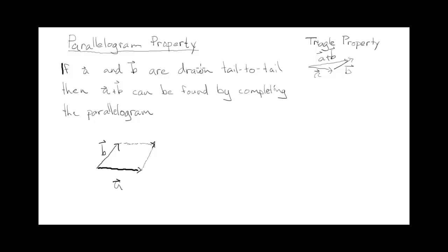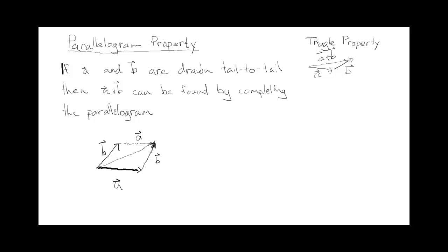So in this case, this side of the parallelogram would be another vector which would be equal to vector B because it's the same magnitude, same direction. And this side of the parallelogram would be a vector equal to vector A. So now I have a parallelogram. Then the sum A plus B, well, now I can see that I have a triangle along the bottom here, or two sides of a triangle, and I can draw the diagonal here.